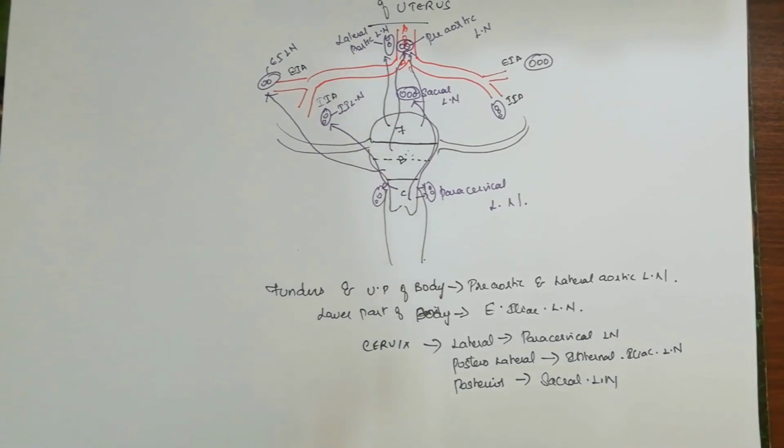And we have a tumor condition called leiomyomas, and we have cervical cancer, which is a very common carcinoma, so we call that carcinoma of cervix. So these are the clinically oriented problems related to the uterus.